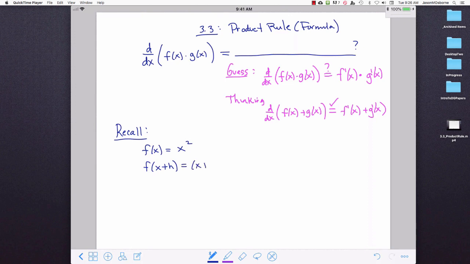Okay? x plus h, and then you had to square it. This was the key first step. And when you did f of x plus h, and you, for this example, have to square that out, you'll get x squared plus 2x times h plus h squared.